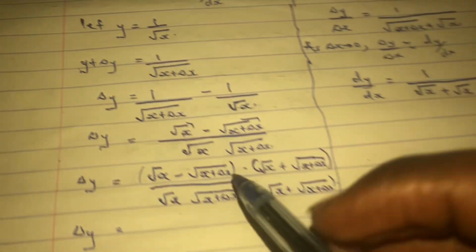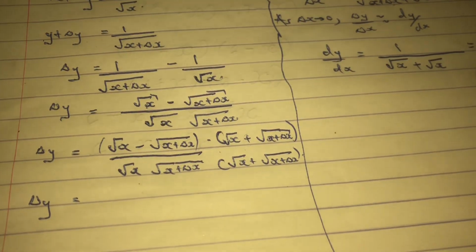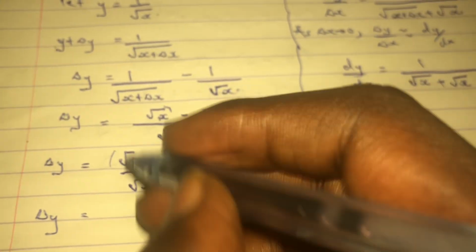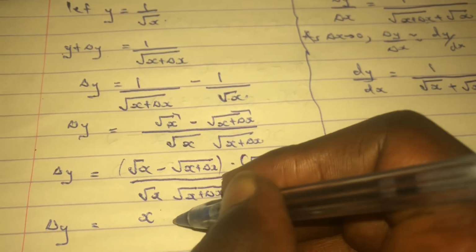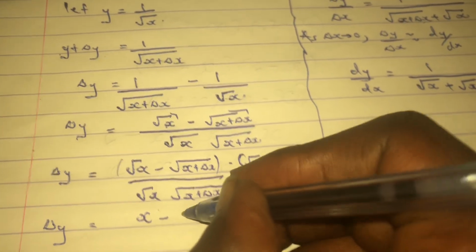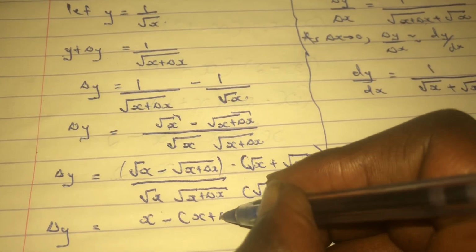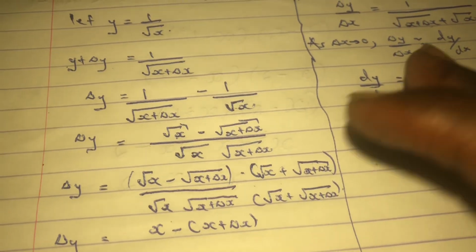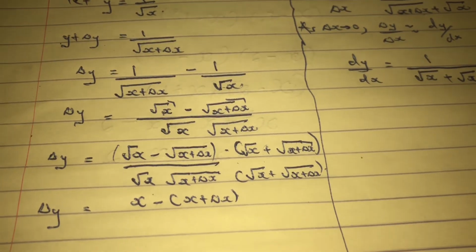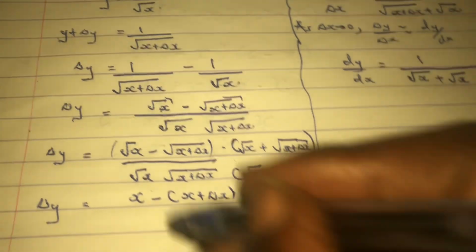Even here we do the same. Of course, now let us simplify this. This is actually a difference of two squares, and that means we remain with x minus x plus change in x. That's what we shall remain with when you use difference of two squares.